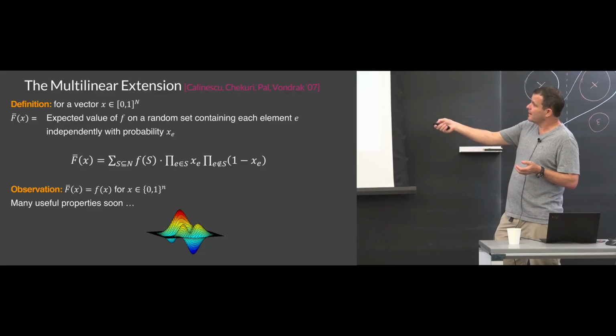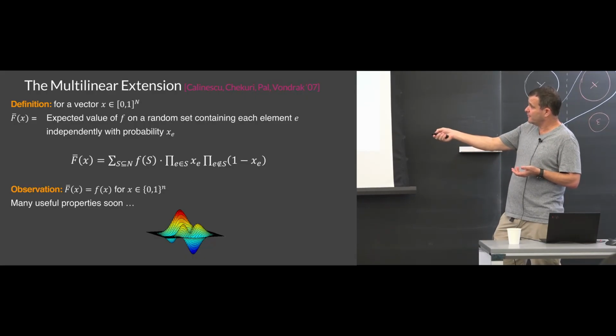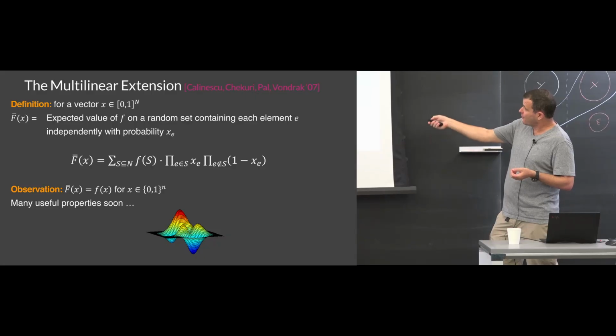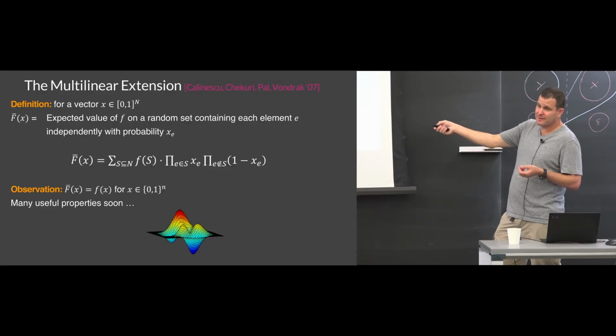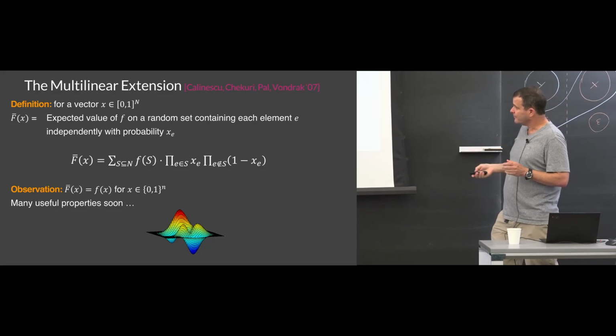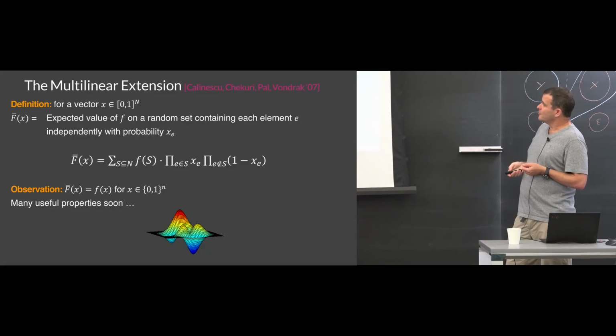This is the extension of the submodular function. You can see that if you have an integer vector, you will get exactly the value. This is why it is an extension. And this is the formula: the probability of selecting exactly S is just multiplying x_e over all elements in S and 1 minus x_e over all elements that are not in S. I will tell you some properties of this extension later.